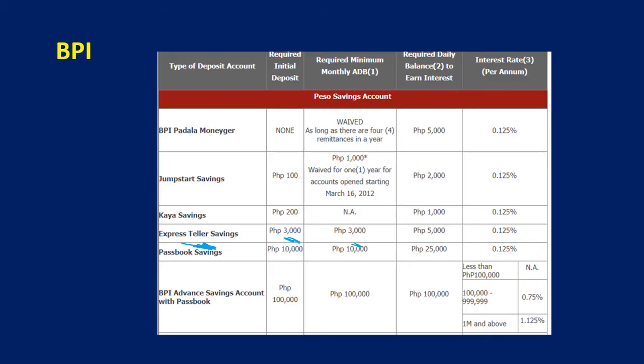Although they have the same required daily balance to earn interest, 5,000, the interest is 0.125%. Okay?